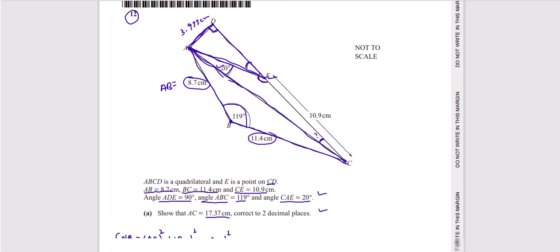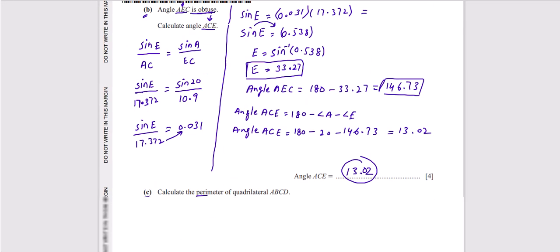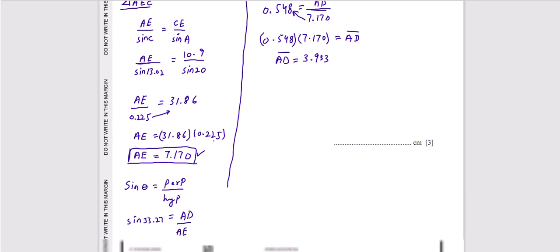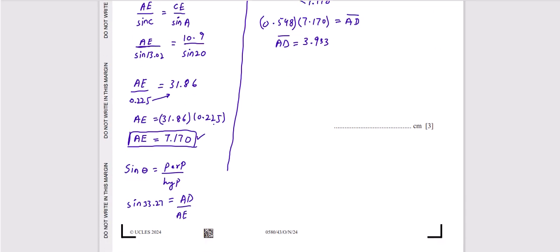So now we have to find this value. To find it, we use cos theta. Cos theta is equal to base over hypotenuse.